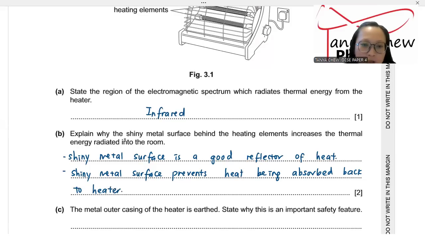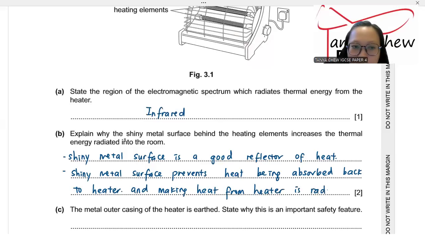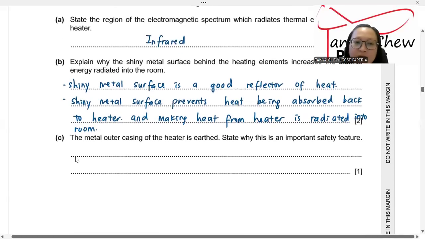So that is why it is supposed to, and making sure heat from heater is radiated into room. So you want to reflect the heat. So you don't want the heat to come close to the heater. That's all. Now see, the metal outer casing of the heater is earth.